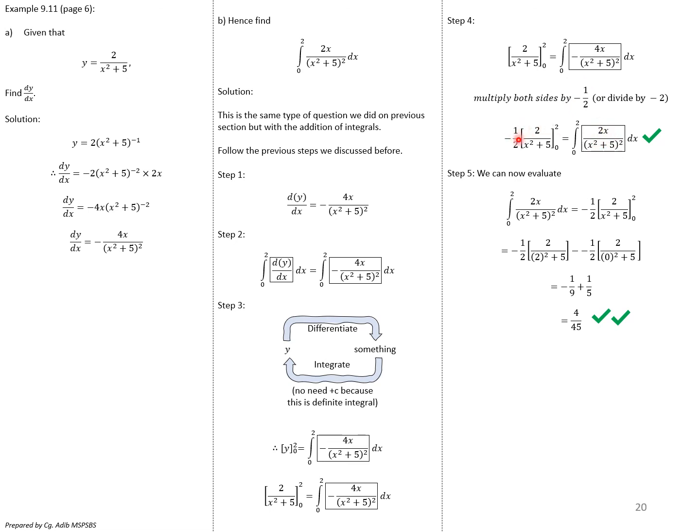So here you will have minus half. This whole thing, the question they ask you, is equal to this. You just need to evaluate this. What does this mean? This means that you substitute 2 minus you substitute 0. Don't forget the minus half. Simplify, then you get the answer.